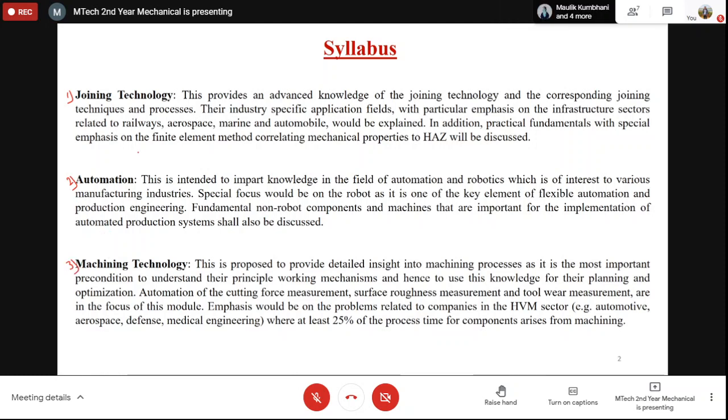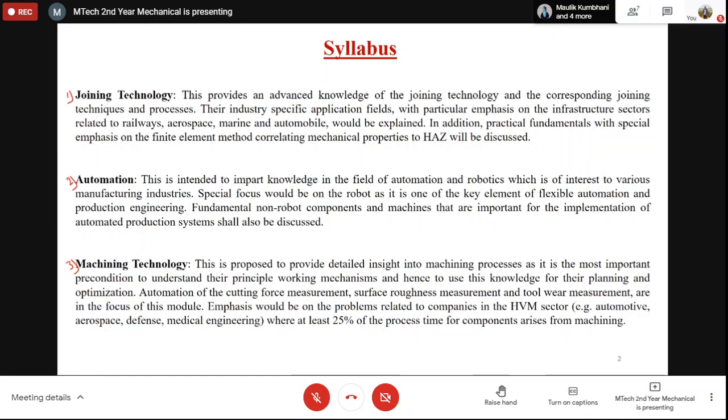The first part, joining technology, I am taking, and the third part, machining technology, will be taken by Dr. Navneet Khanna. The automation will be shared by both of us. The first part, joining technology, will start today.